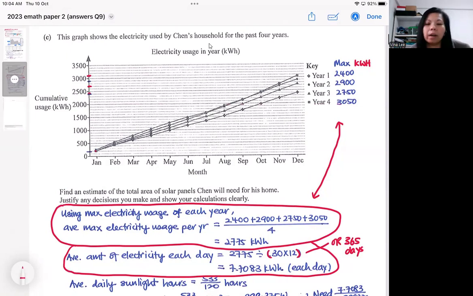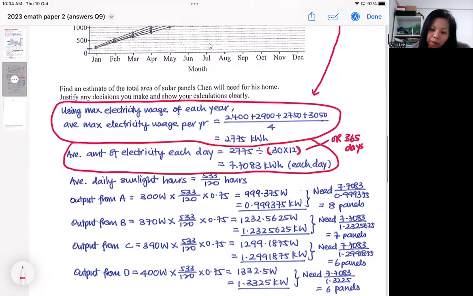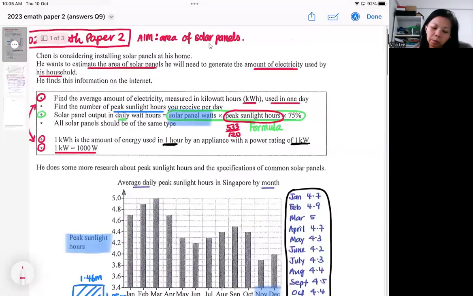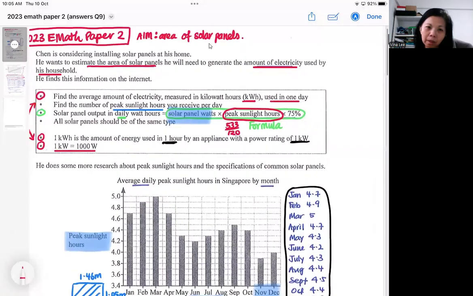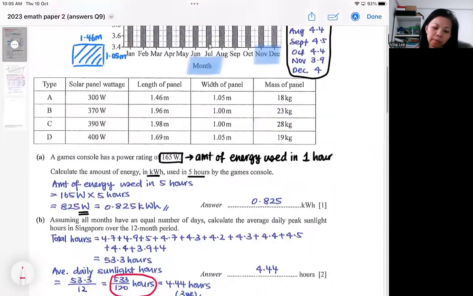So based on this, I'm going to calculate how many pieces I need. Okay, so this is the troublesome part. Because you got 4 solar outputs, you got to apply the formula on these 4. So you use the formula here, the solar panel watt times the peak sunlight times 75%, to calculate how much energy one piece of panel gives.